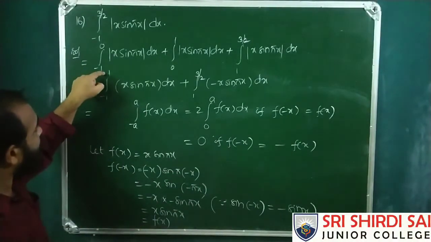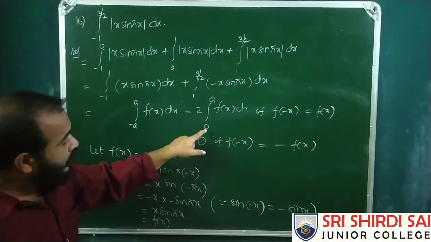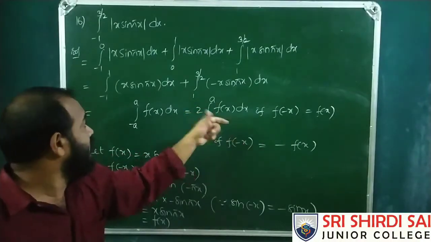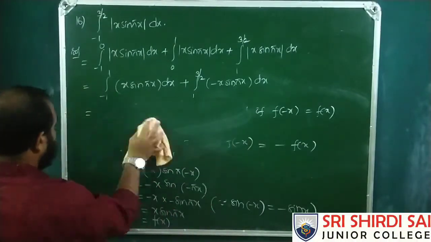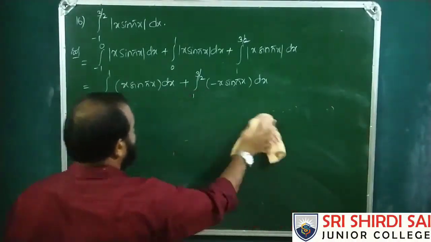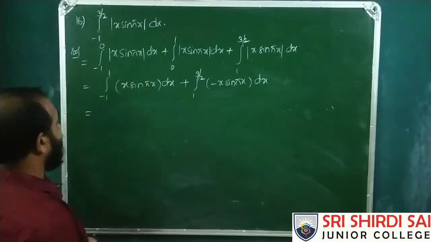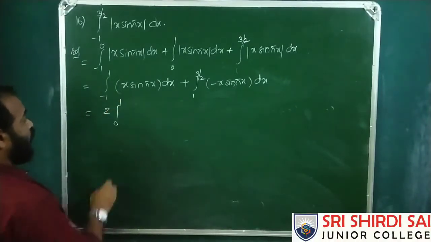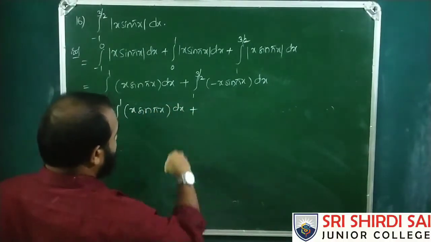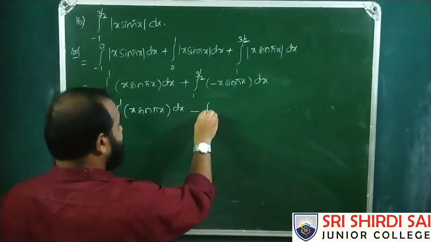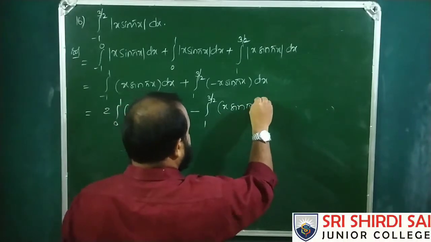Therefore, minus 1 to 1 x sine pi x dx can be written as 2 integral 0 to 1 x sine pi x dx. So this can be replaced, since it follows the property, as 2 integral 0 to 1 x sine pi x dx plus into minus, so minus integral 1 to 3 by 2 x sine pi x dx.